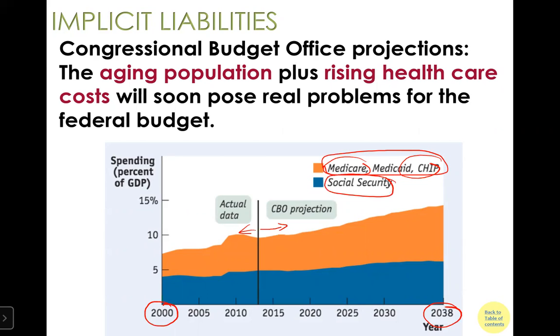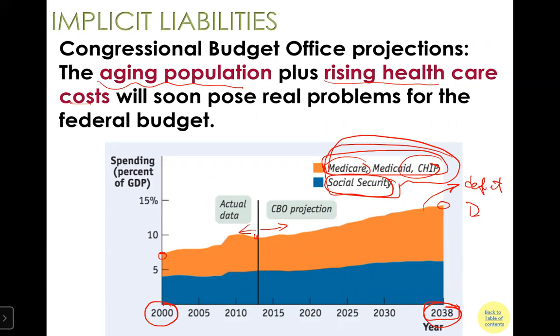Both are considered implicit liability. Due to the aging population and rising healthcare costs, these two things become an ever larger burden to the economy. As you can see from here, the number has increased from 7% of total GDP to 10%. It is projected to reach 15% of total GDP by 2038. So this is going to have implications on the government's budget in terms of the deficit and in terms of long-term debt level.